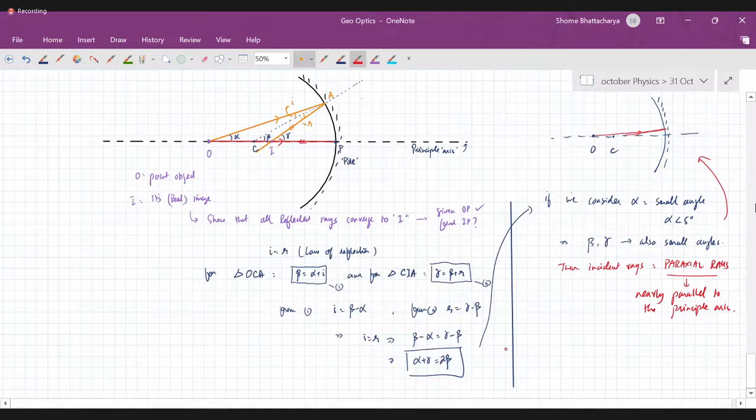So when we do that, then we can consider alpha, coming back to that diagram, as almost equal to the arc length AP divided by OP.